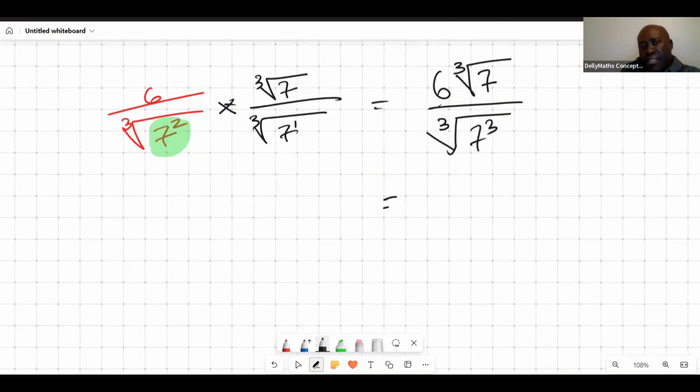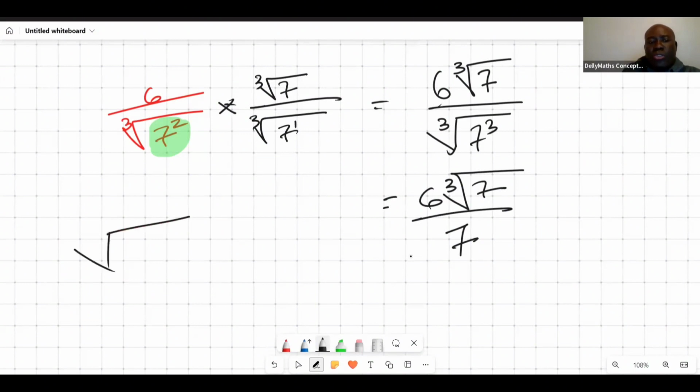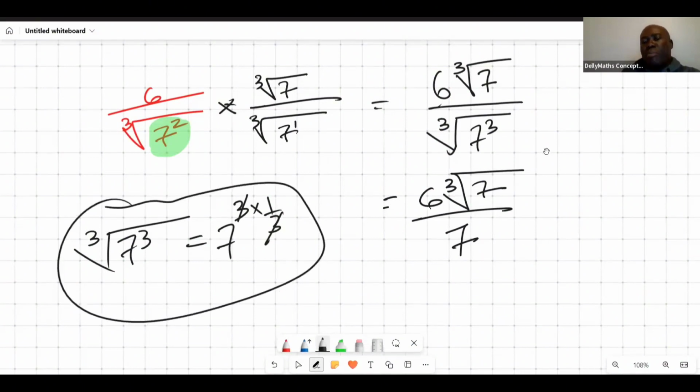My final answer is going to be 6 times the cube root of 7, all over 7. Why? Quick reminder: the cube root of 7 to the third can be written as 7 cubed to the power 1/3. The cube root is a 1/3 power, so this could cancel this, and 7 to the 1 power is just 7.